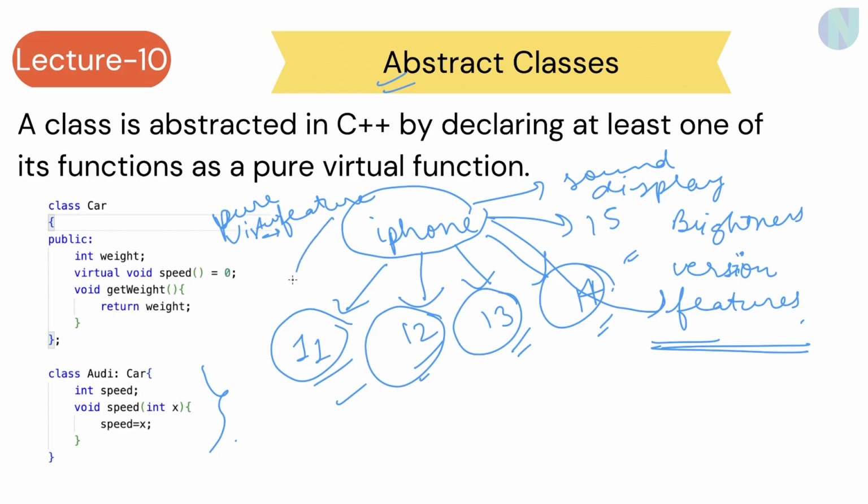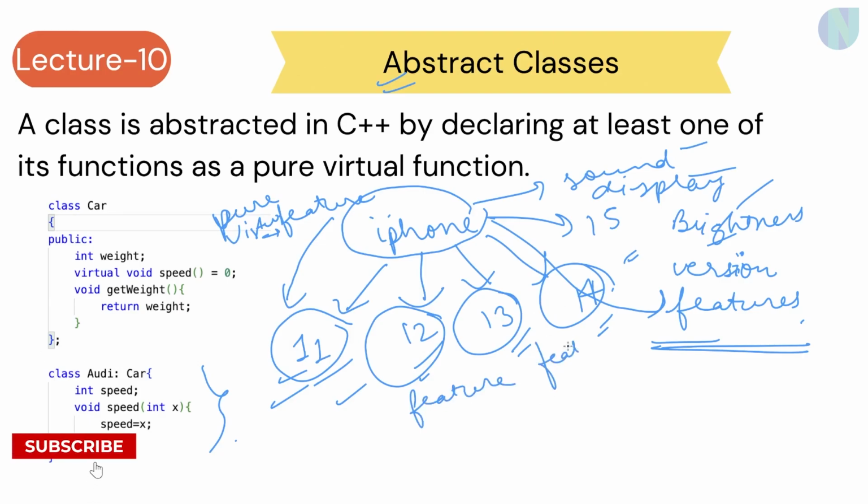Now this feature would be implemented in iPhone 11. Again, for iPhone 12 we don't need to include sound, display, brightness, and everything. It would be inheriting properties from iPhone only, and here we can give another feature, and here another feature, and here another feature.